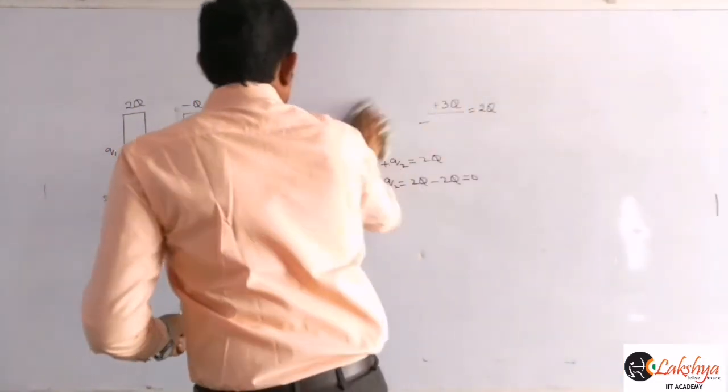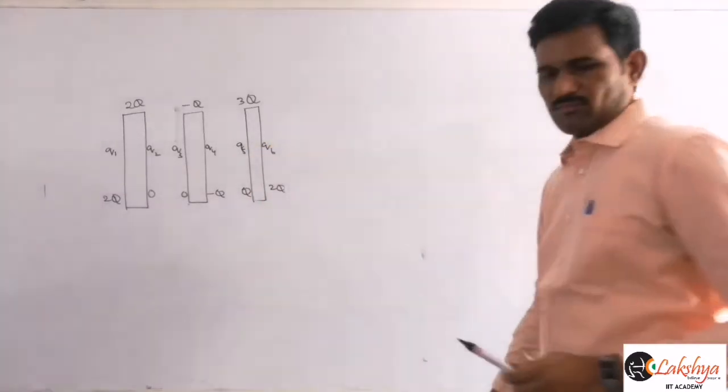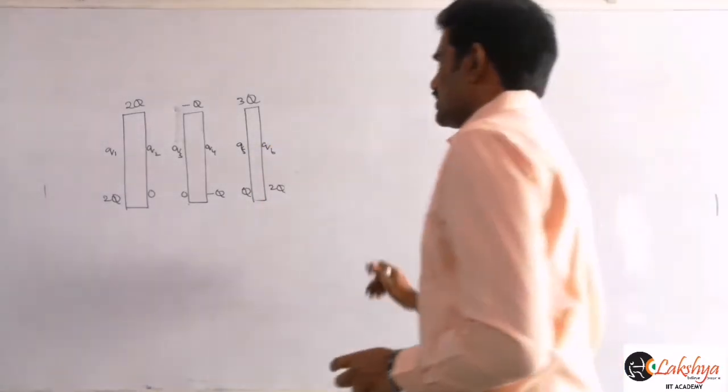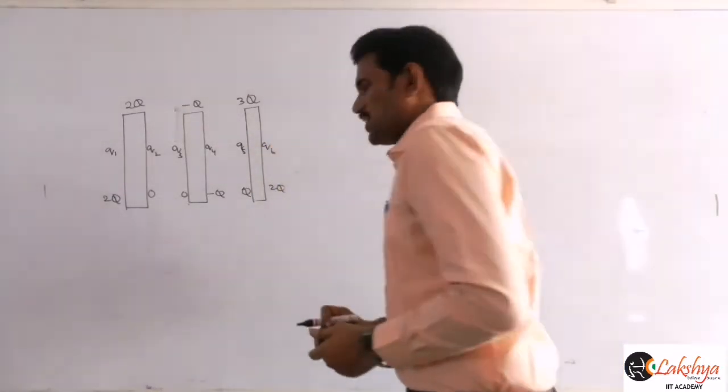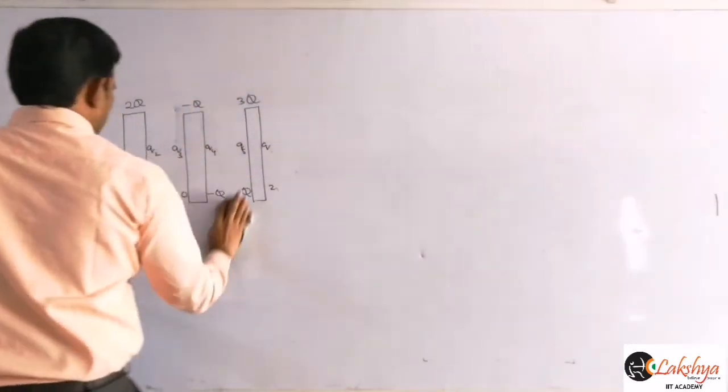Now let us take some extensions for these problems. Here we consider the case when one of the plates is connected to the ground. I am taking this combination like this.